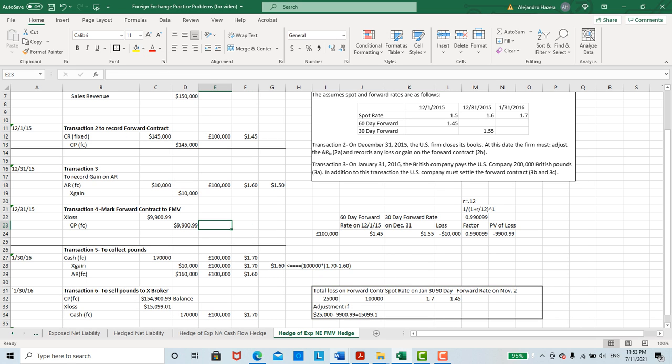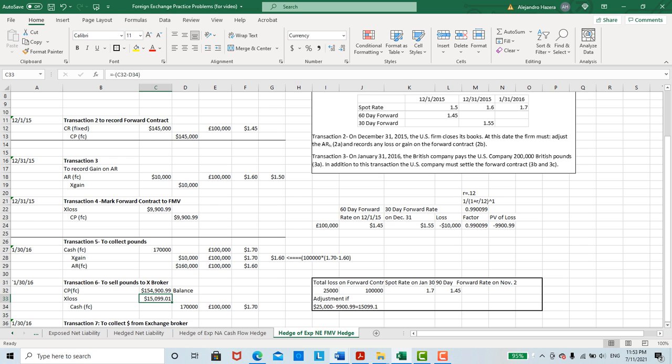The total loss on the contract is $1.70, which is today's spot rate, less what the original predicted value was, 1.45, so that your total loss is 25,000. Take 25,000 and subtract what you've already recorded as a loss, which gives you the remaining loss.